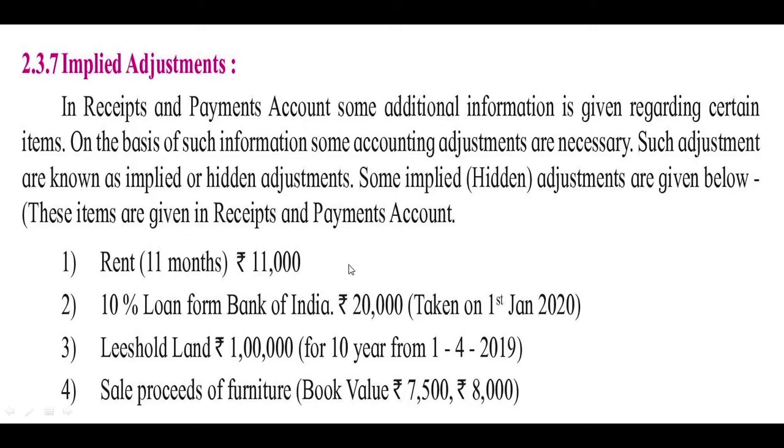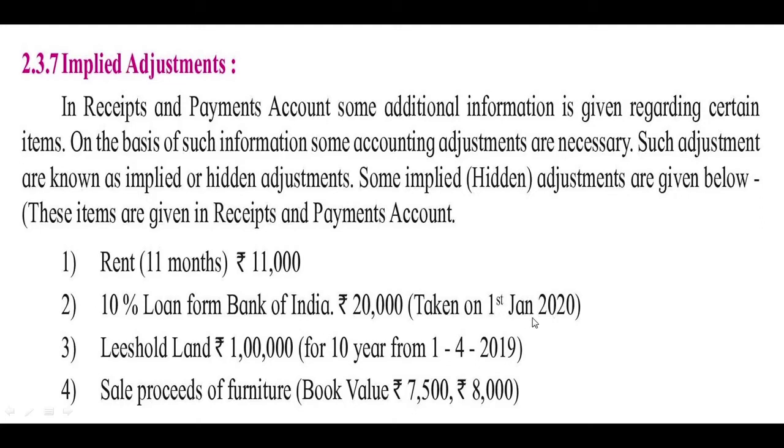So we have to give the effect. I am going to explain how to give the effect to the outstanding expenses and incomes later on in the same lecture. Then the second adjustment, 10% loan from Bank of India rupees 20,000 taken on 1st January. The loan is taken on 1st January and the accounting year closes on 31st March.